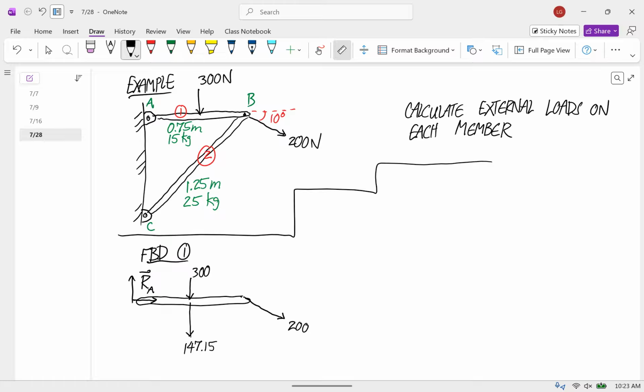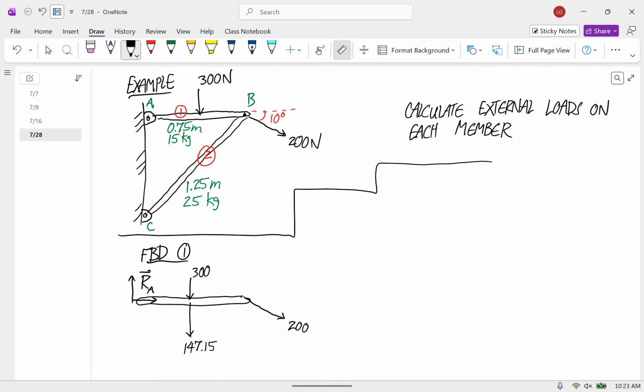This would be the force on member 1 by the wall or by the pin or something like that. But the benefit of that double subscript notation is that when you go to the other body, it makes Newton's third law really easy. We're never going to isolate the wall, and so this doesn't really have a benefit using the double subscript notation here. So I'm just going to call that RA.